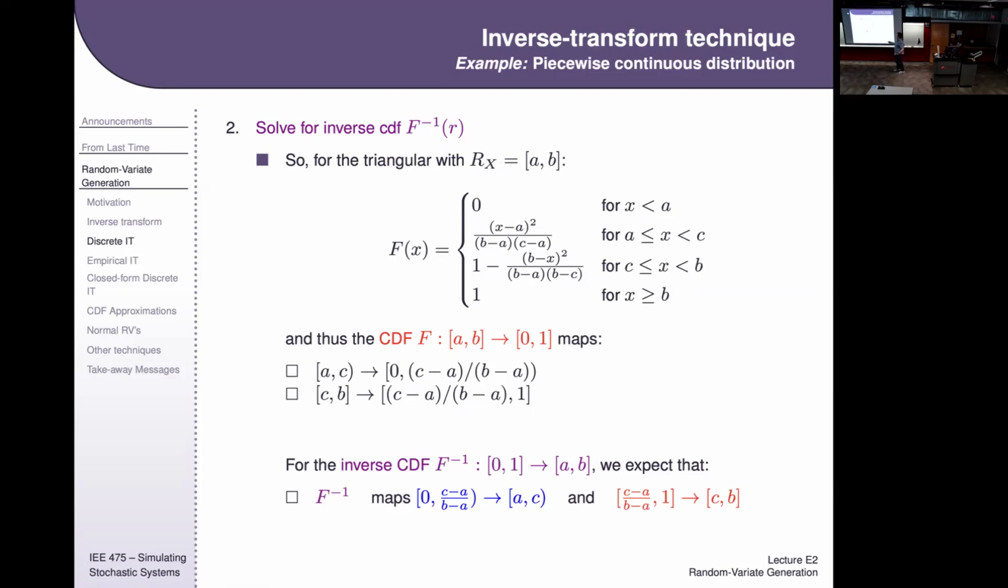So that's what I've done here: I've plugged the whole range from A to C into this thing, and the whole range from C to B into this thing. And that tells me the R ranges for my inverse CDF. So the domain split in my inverse CDF is going to be from 0 to this ratio, for the top portion, and then the other side corresponds to an R range from that ratio to 1. Those limits will be important in a second.